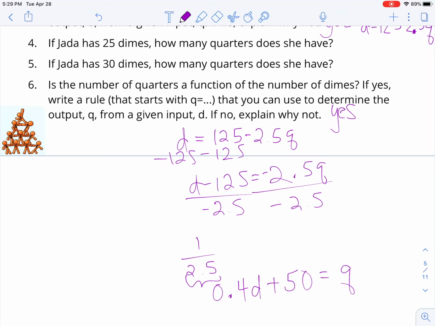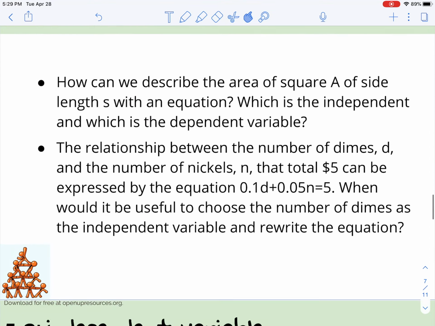You're just rearranging it in a different way. But it's still the same equation. It would still work even if you had never changed it. So they're just having you look at it in a different way, if that makes sense. And then I forgot, this is negative. Okay. I hope that made sense.